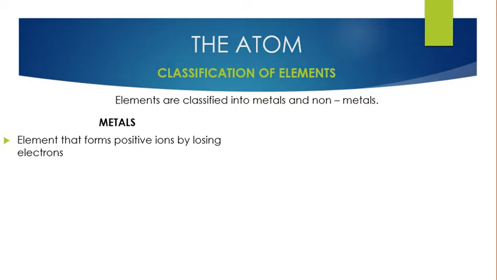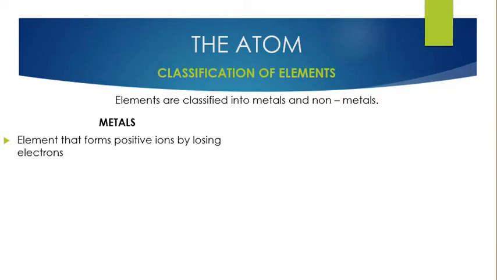Now, when a metal wants to bond, it will lose the electrons in the outermost shell, and by that it becomes positively charged. We'll later look at how the positive and negative charges come about, later in this lesson. We said we'll look at examples.